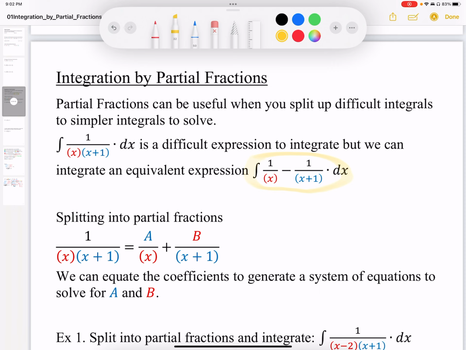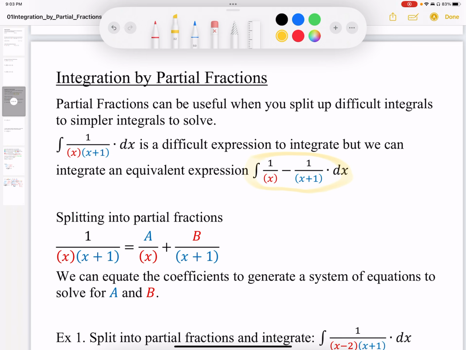And we can integrate both of these using log. So 1 over x, we're going to use log. 1 over x plus 1, we can use log to integrate both of those. So when we have integrals like this, we can split them up into their partial fraction pieces, and then we can integrate these using our log function.